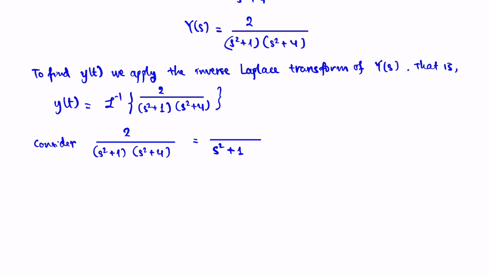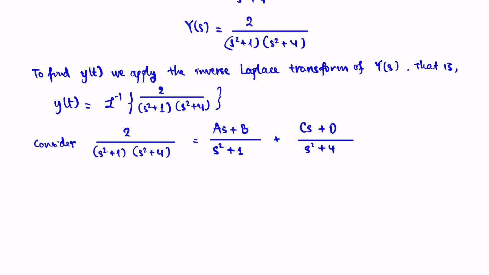On the numerator, it has to be a linear factor, one degree less than the one in the denominator, so this is as plus b. Plus, with s squared plus 4 in the denominator, the numerator has to be one degree less than the quadratic factor, that is cs plus d.